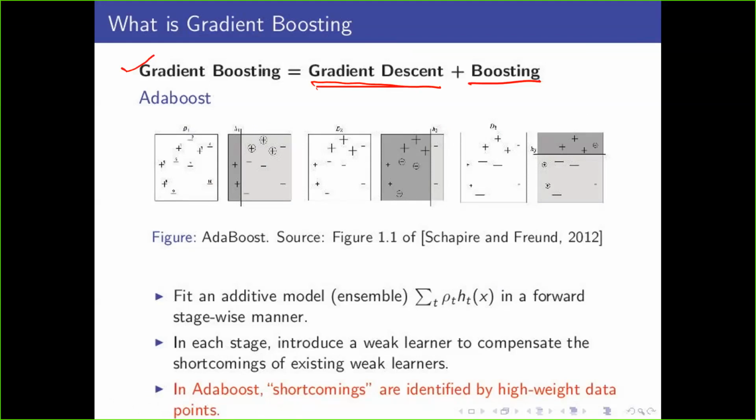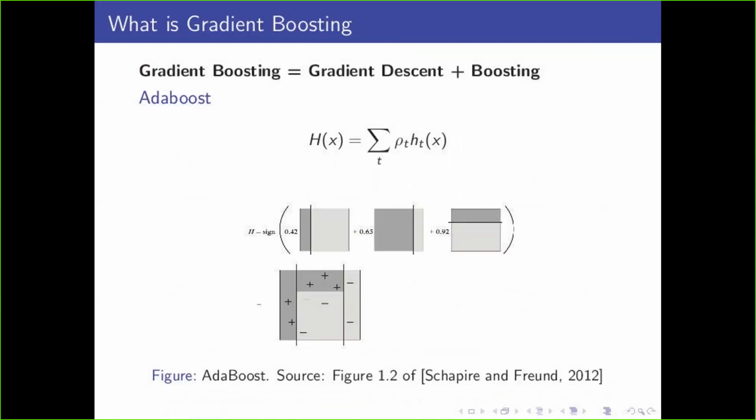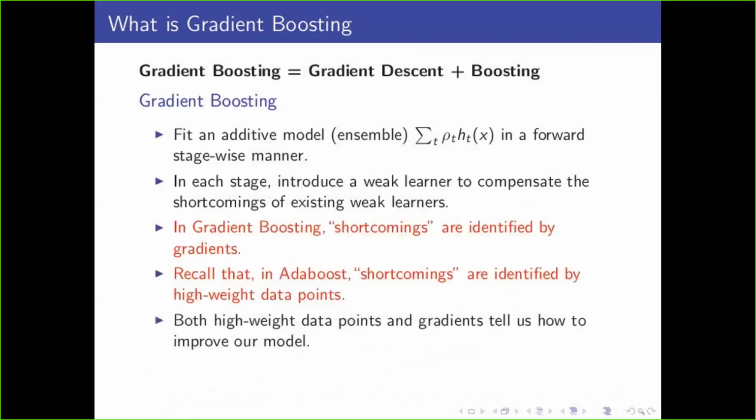In this, the process is the same, but the way we identify the shortcomings is different. Here also, we fit an additive model in a forward stage-wise manner. In each stage, we introduce a weak learner to compensate for the shortcomings of the existing weak learners.